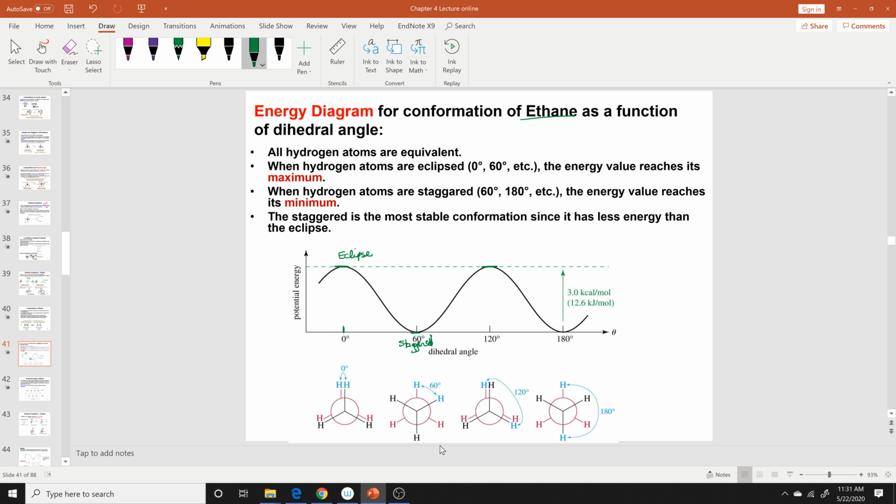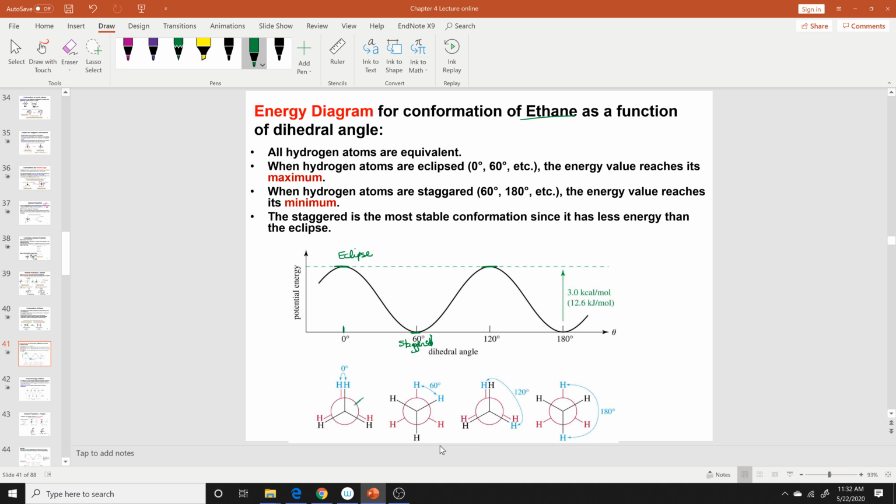Then going 60 degrees, now I have a 60 degree angle between the two hydrogens. Again, you fix the carbon at the back and rotate the carbon in front. So rotating the carbon in front will make this hydrogen here, and this hydrogen is going to be here. This is going to be their 60, and then another 60.